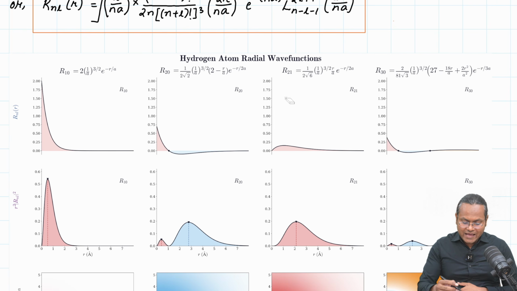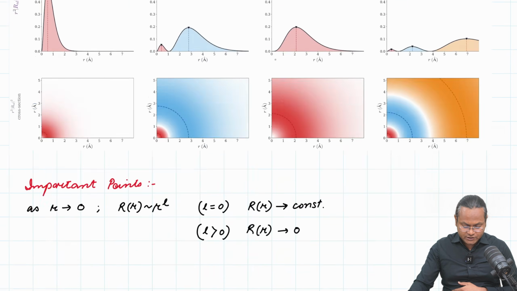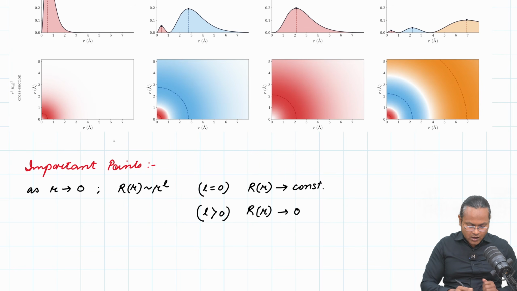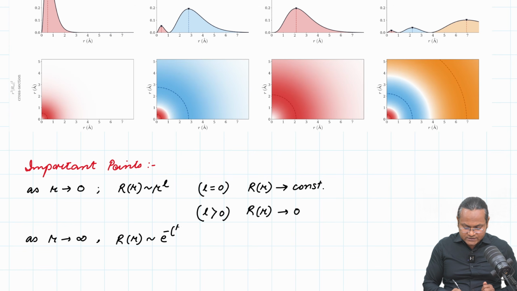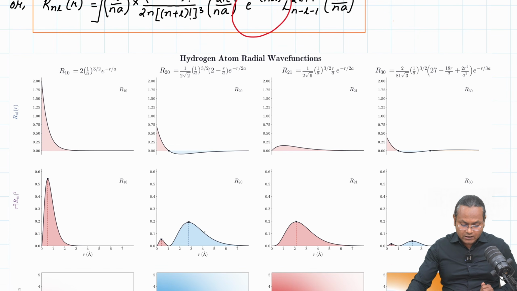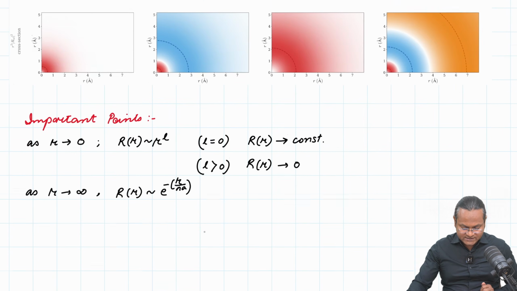Now, if you look at very large values of the radius, the exponentially decaying function is going to dominate. So as r tends to infinity, the R expression is dominated by e to the power minus r upon na, which basically goes to 0 for all cases, right?